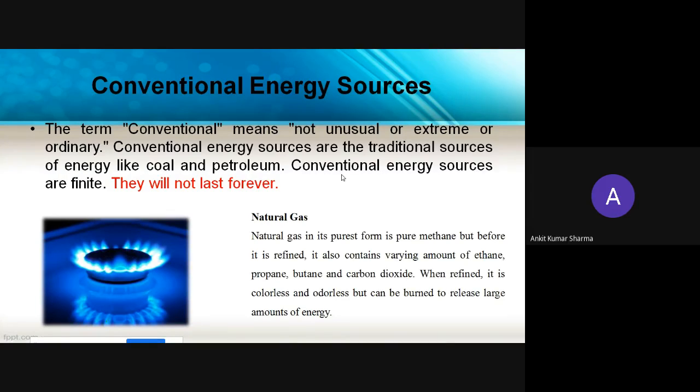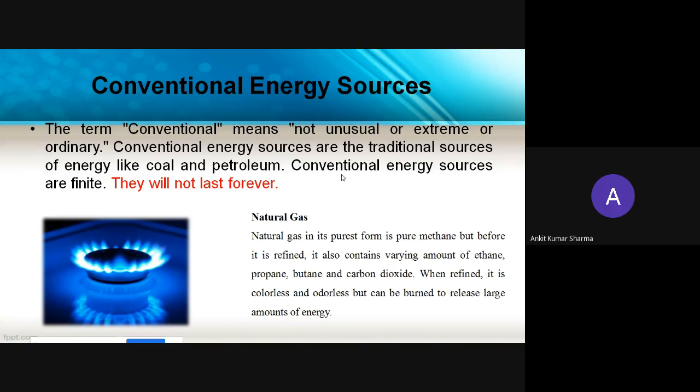Coal and petroleum are examples of conventional energy, which is limited in nature and not in abundant form. Conventional energy sources are finite, not infinite, and they will not last forever.